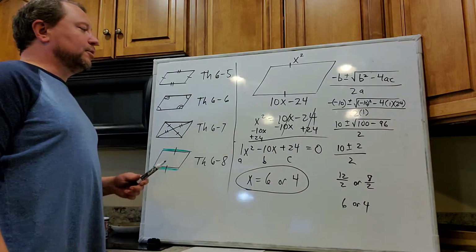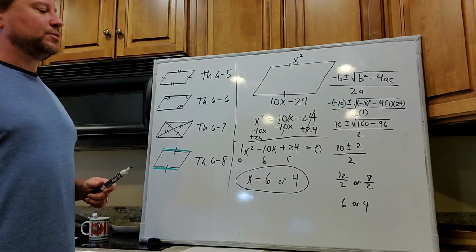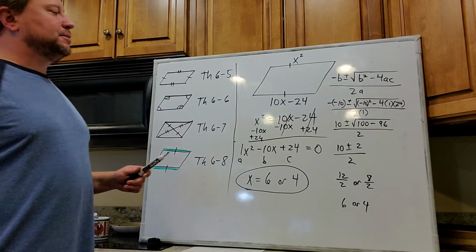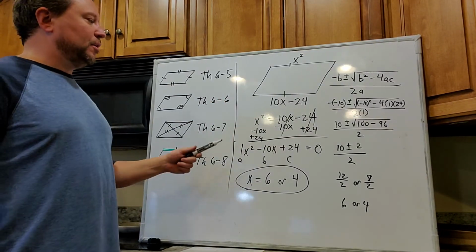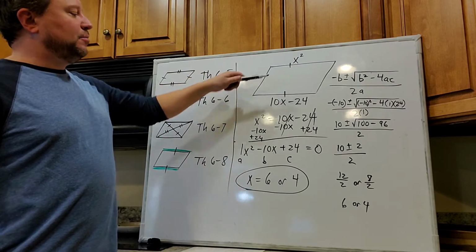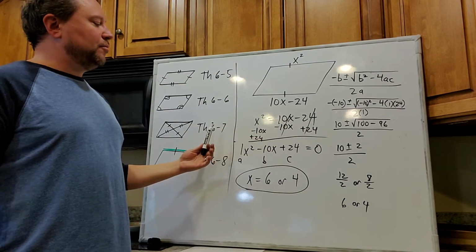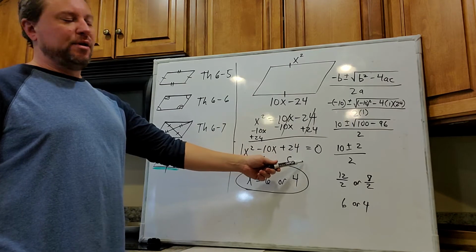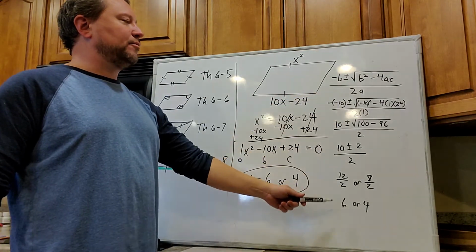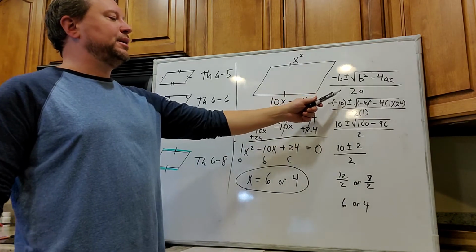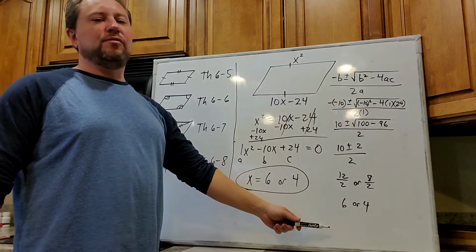Like I said, you're going to have a problem on your homework that has this same concept of quadratic equations involved. After setting them equal, remember I moved everything over to one side so that it was equal to 0. Once it's equal to 0, you can start to use the quadratic formula and plug in your a, b, and c and see what you get for your 2 values.